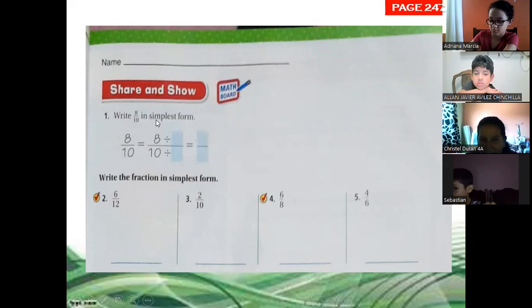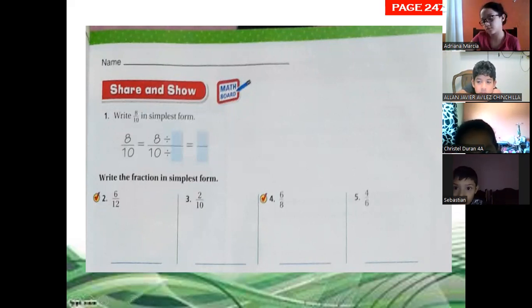Write 8/10 in simplest form. 8/10 is equal to 8/10. So I need to divide by a number, but it needs to be a common factor. So again, we can start dividing by the least number. What is the least number?